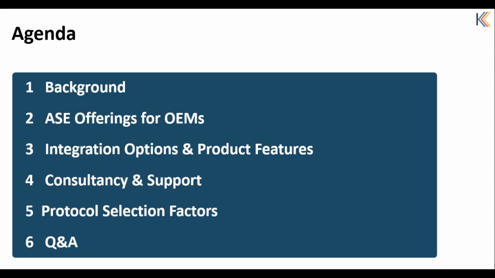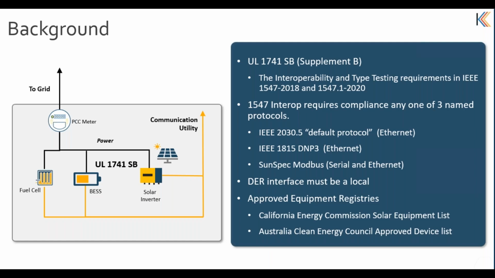So, moving on to give a background. UL1741 SB is an industry standard for certification of inverter safety, and it includes various safety test requirements in addition to the IEEE 1547.1 conformance testing or type testing.